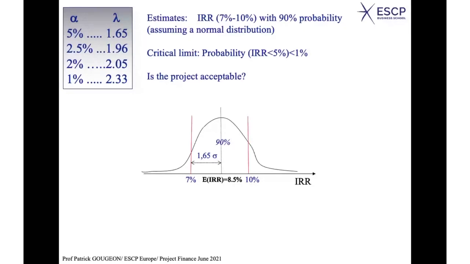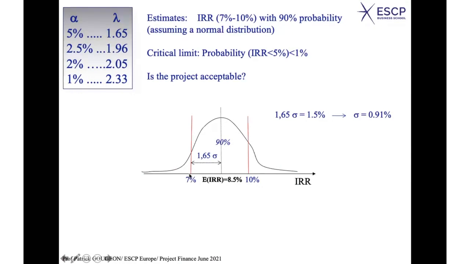In other words, if you have 5% on each side, the distance between the mean and the limit is 1.65 standard deviation. You look at this table, 1.65 standard deviation. From this, we can infer the standard deviation. Because you see, the distance here is 1.5%, and it corresponds to 1.65 standard deviation.